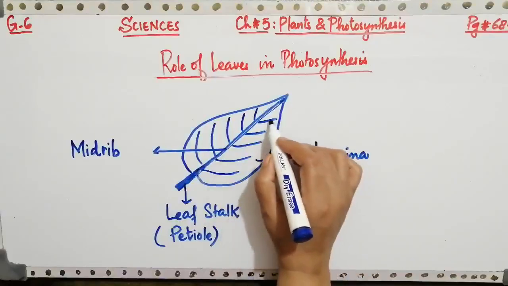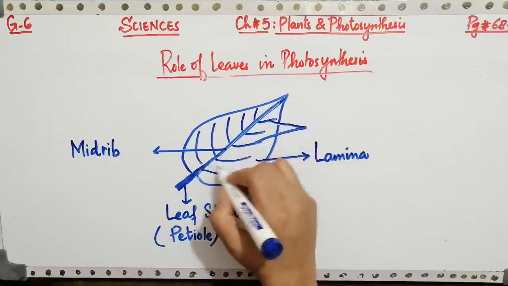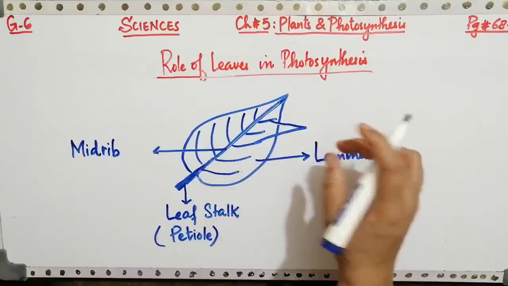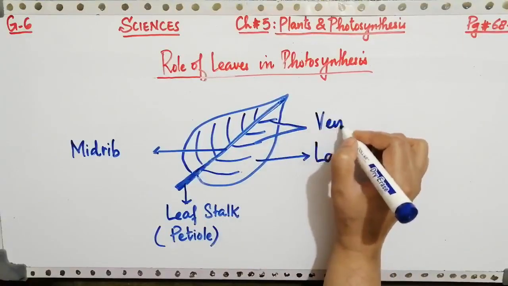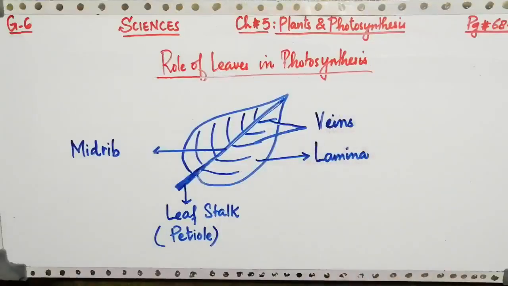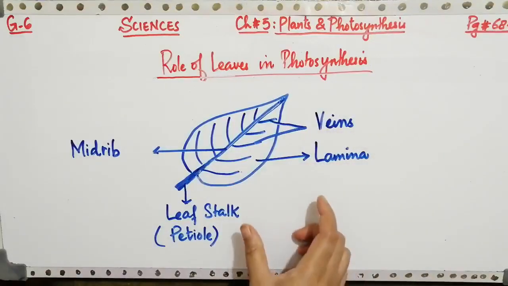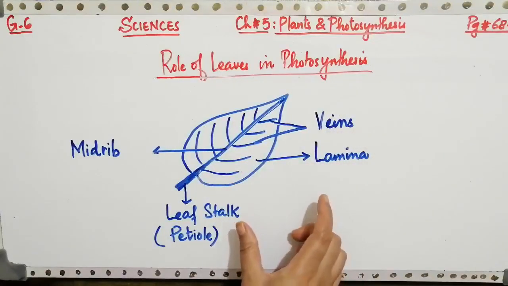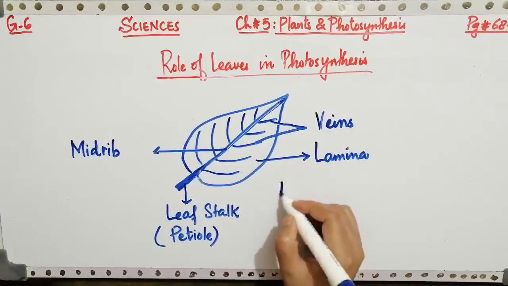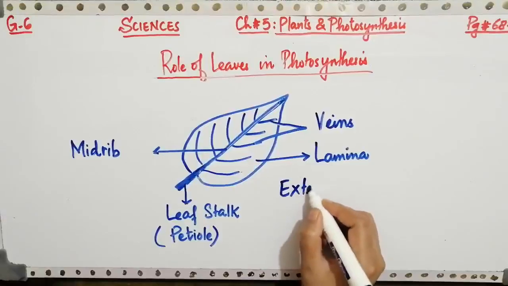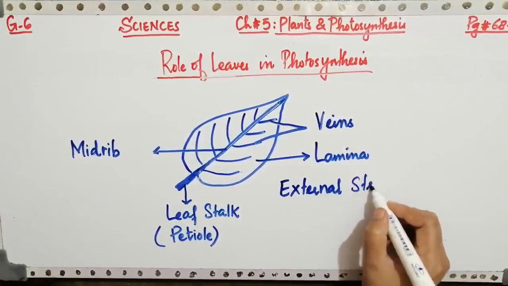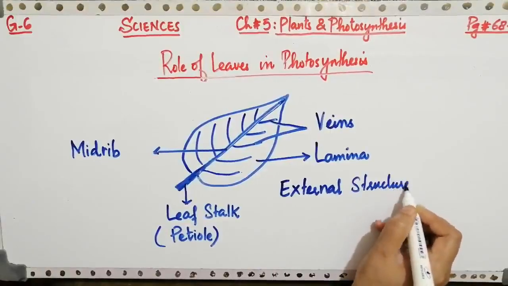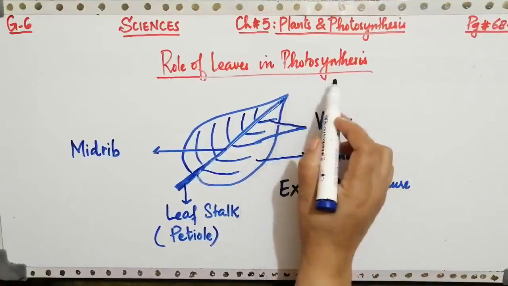Along with it you can also find some branches which are arising from the midrib, and these are called veins. So this will become, in front of you, the structure of leaf. So this we call the external structure of leaf, that also helps in photosynthesis.